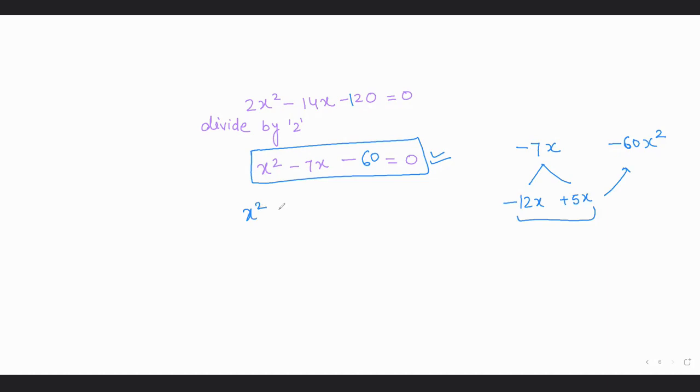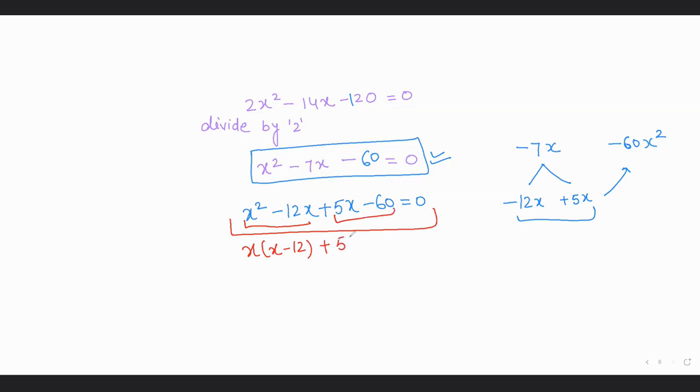So it is x square minus 12x plus 5x minus 60 equal to 0. Now, if we take the common from the first two, it will be x minus 12. And from the last two, if you take the common 5, it is x minus 12 again. Now we can write x minus 12 as common, and the remaining term is x plus 5 equal to 0.